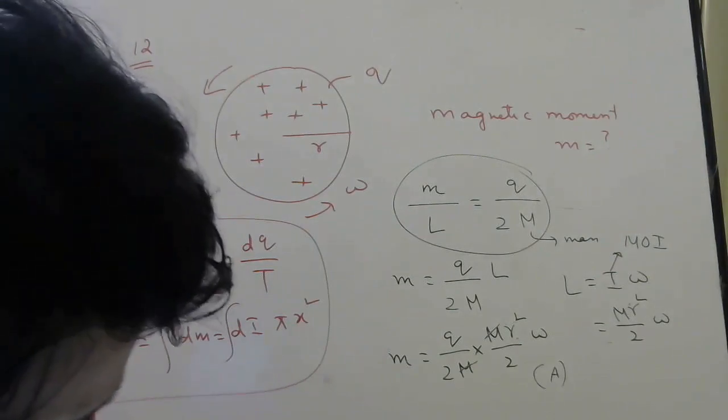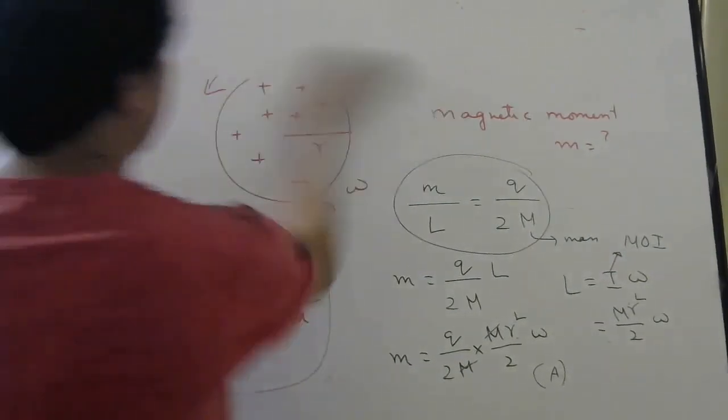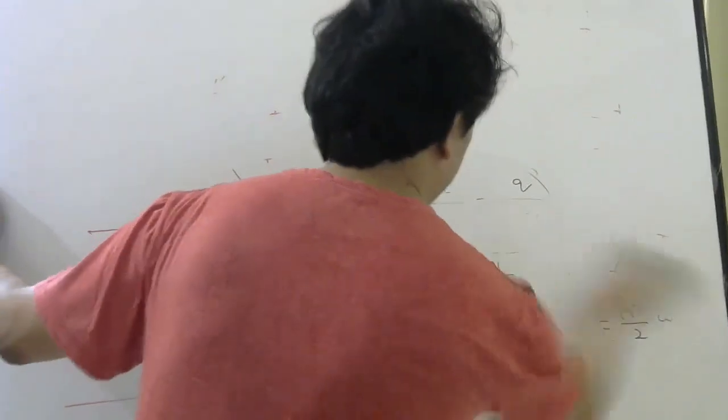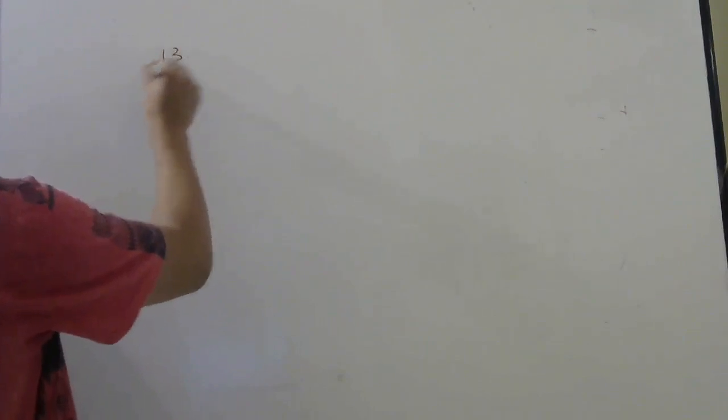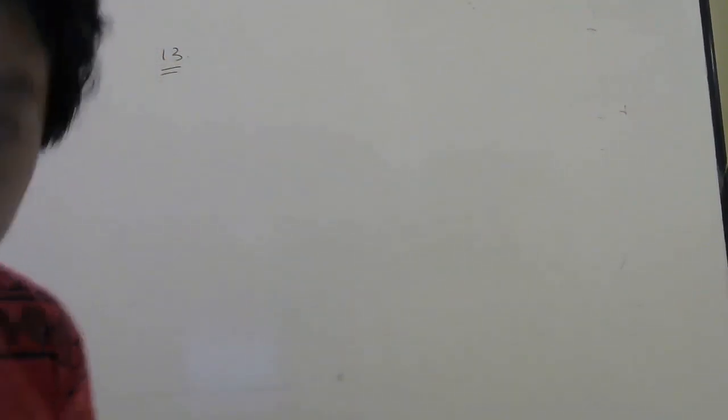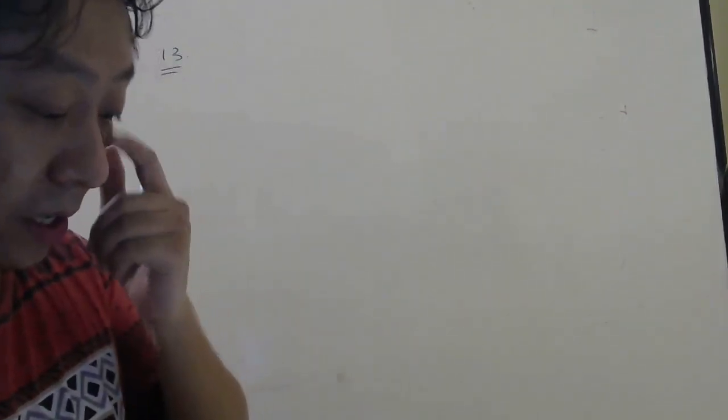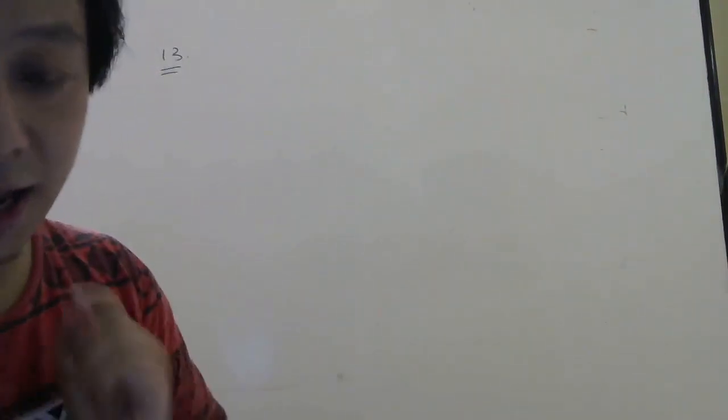Okay, question number 13, you see now. In question number 13, they are saying wires 1 and 2 carrying currents I1, I2 respectively are inclined at an angle theta to each other.